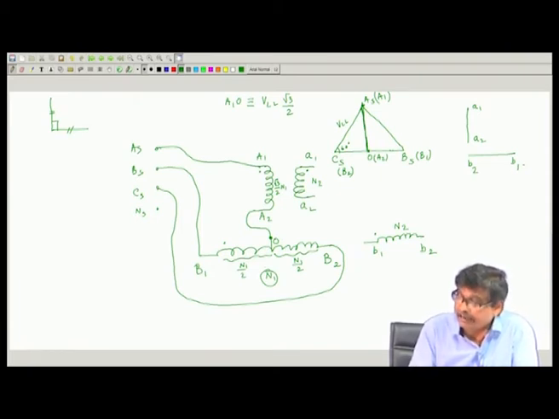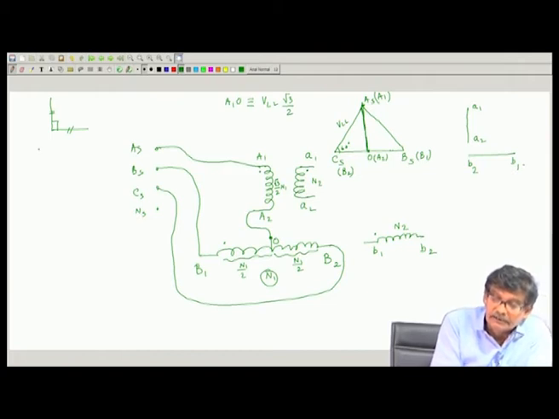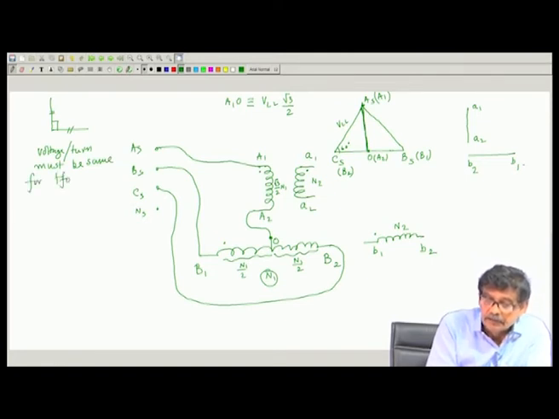Since I have said the secondary turns to be the same, I must ensure that the voltage per turn of transformer B and the voltage per turn of transformer A must be the same.